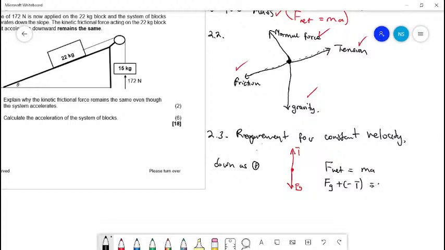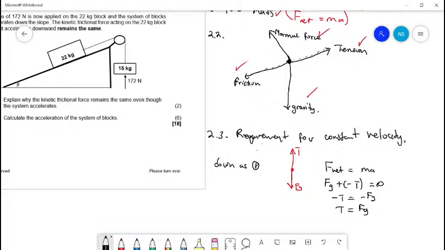And then don't forget that our MA is equal to 0 because this thing is moving at a constant velocity. And then this will give us minus T equals to minus Fg, right? And this is the same as tension equals to Fg. So that's what we have.